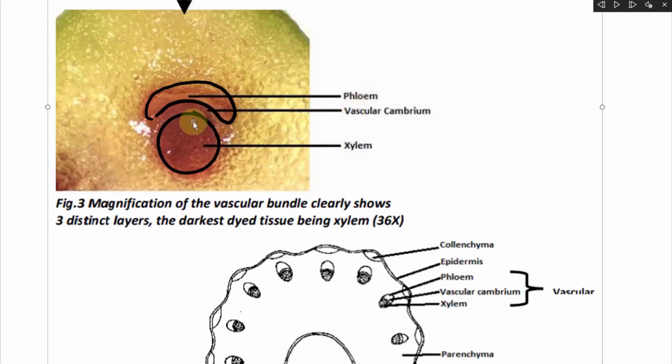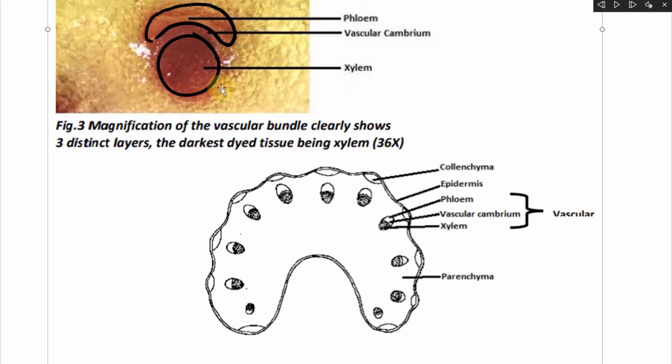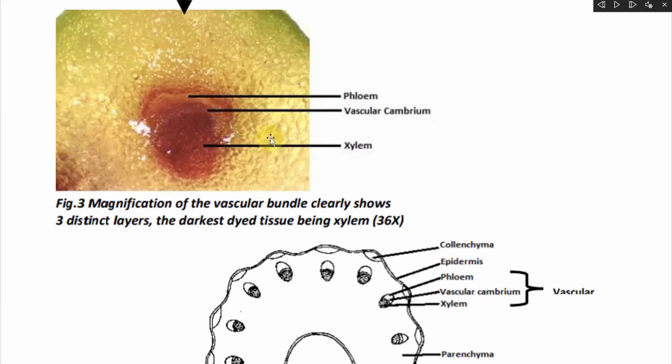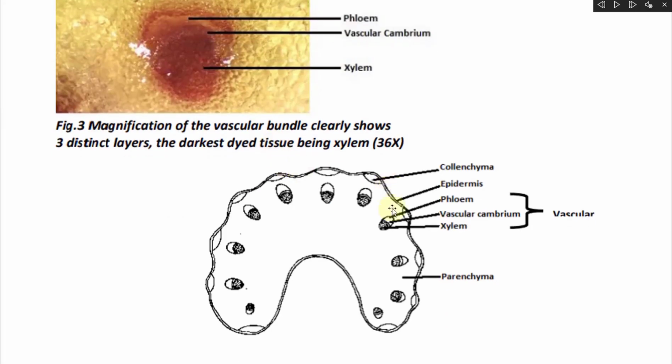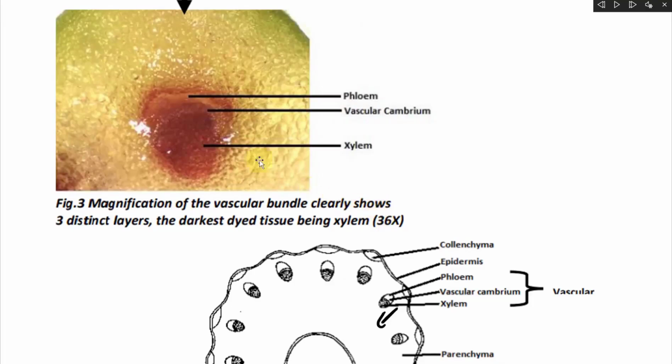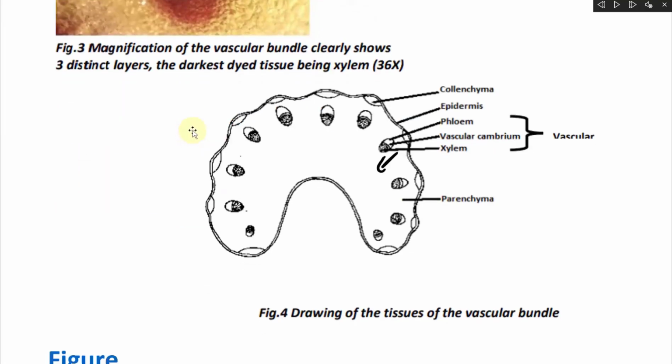There's the phloem outwards, and then the xylem is inwards. So if I erase this vascular cambium, you can see the xylem's here, so inwards is towards this way. So it's inwards towards xylem and then outwards on this side to the phloem there. And so this is 36 times magnification, which is quite remarkable.